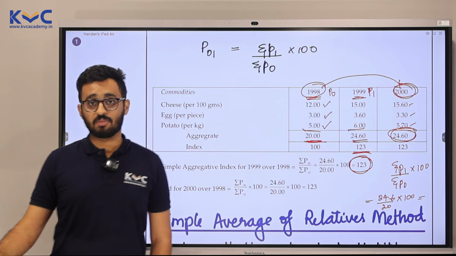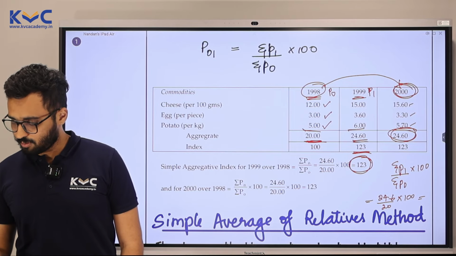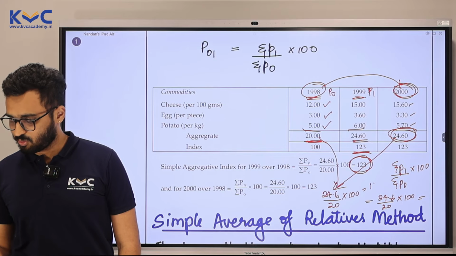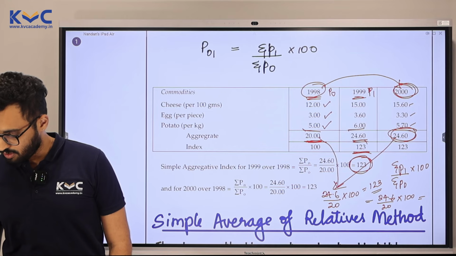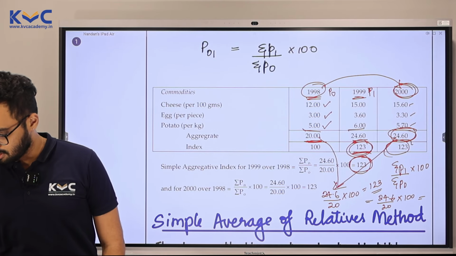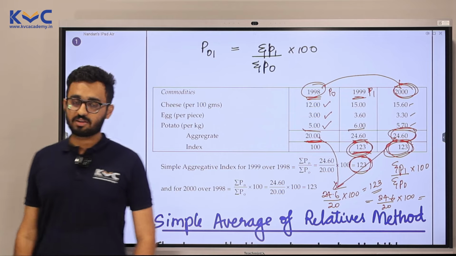The index number will be 24.6 divided by 20, because the base year we are keeping the same, right? Into 100, we again get 123. So the index number for 1999 is 123 and for 2000 also it is 123.